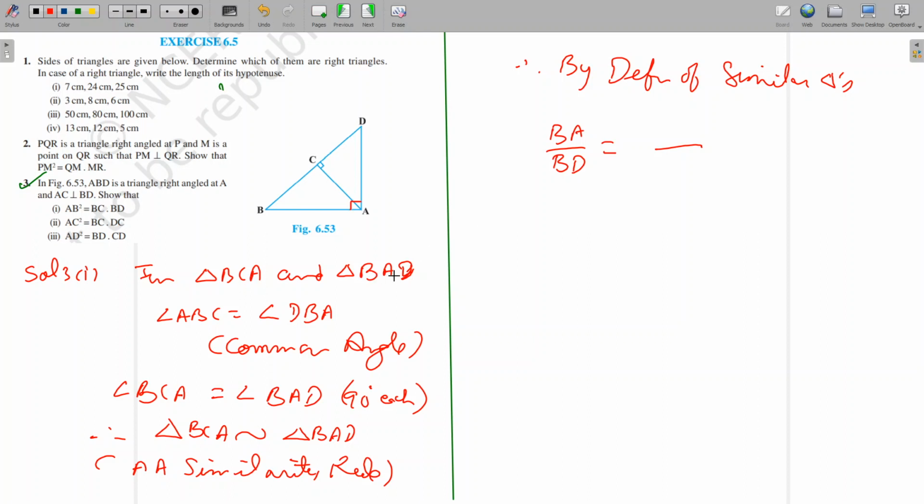So from the second triangle we will take BA, and corresponding to BA, the side in the first triangle is BC. So we will be getting BA over BD equal to BC by BA. Now cross multiplying it, we will be getting AB square is equal to BC into BD. So this is the required proof for question number 1.